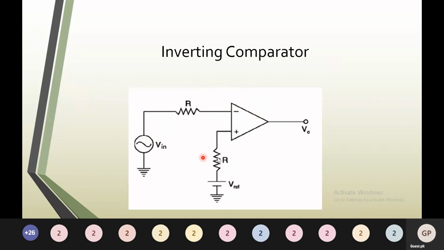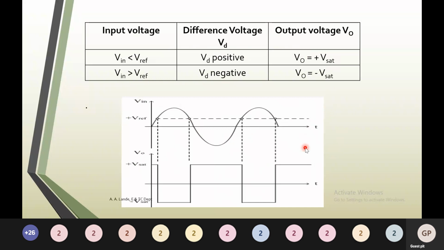Whenever Vin is less than V reference, it means V reference is greater, the difference is positive, and therefore output will go to plus VSAT. That is what's shown here. See the table and the graph that has been drawn. Same thing what we explained in the non-inverting comparator. The entire operation is shown in the table and it is pictorially represented with a graph also, so it will be easy to remember.